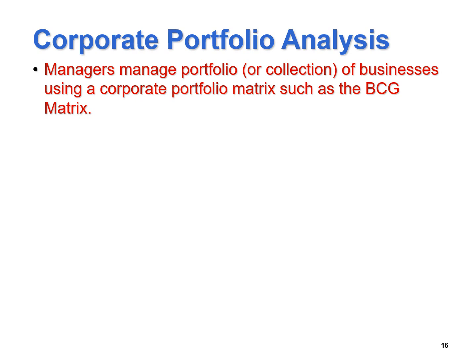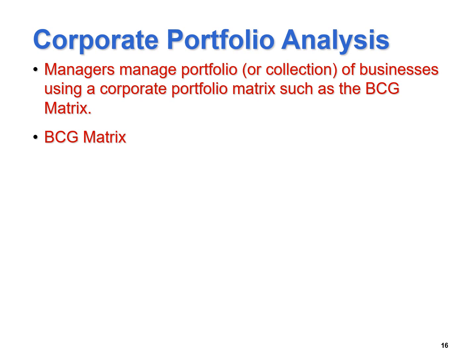Now we need to talk about the corporate portfolio analysis. Managers manage a portfolio, a collection of businesses, using a corporate portfolio matrix such as the BCG matrix. This is one of the very old mechanisms. Now we have many more mechanisms which we're going to study in this semester.